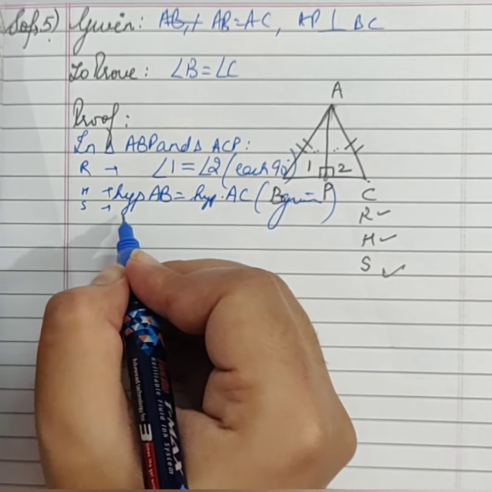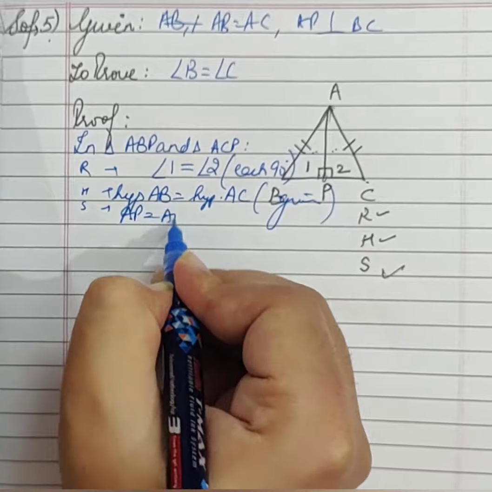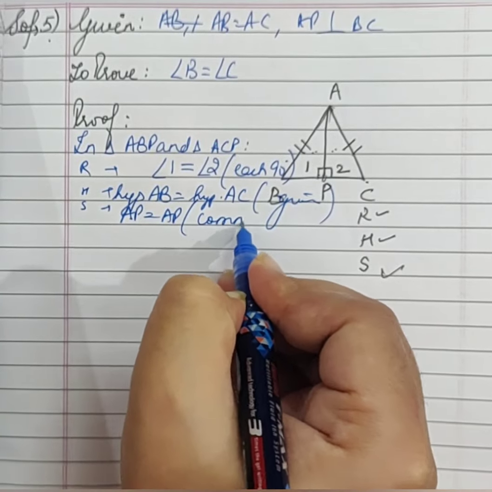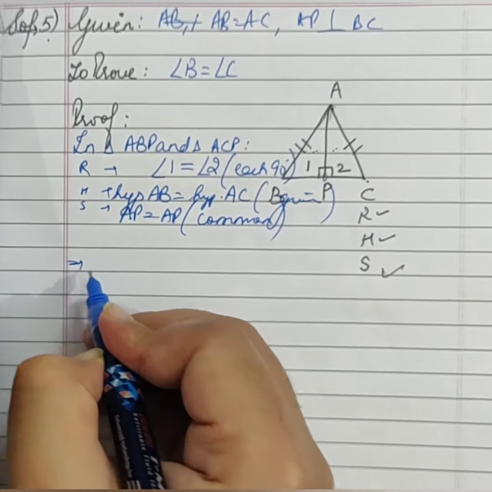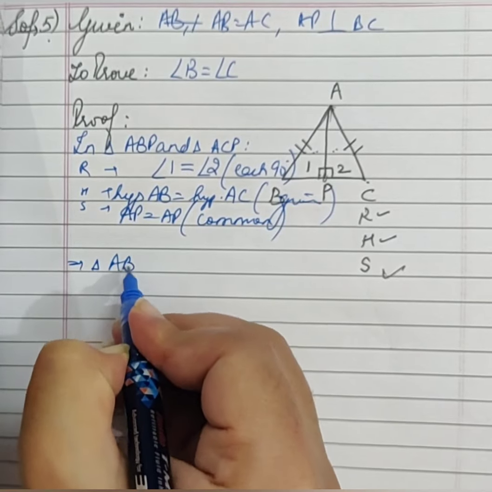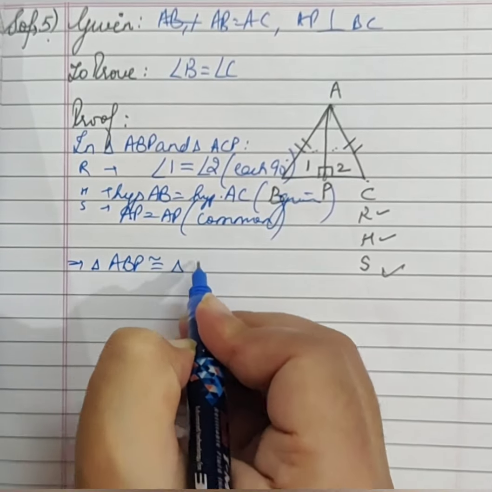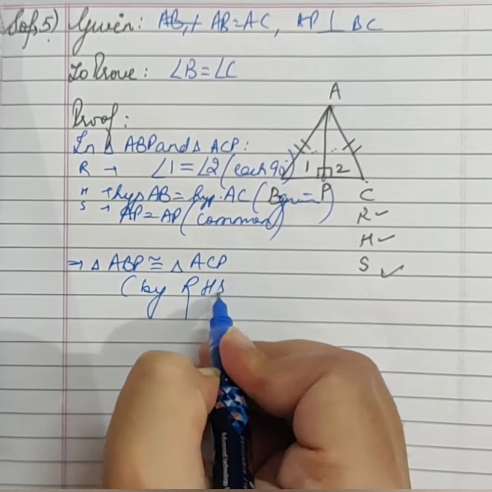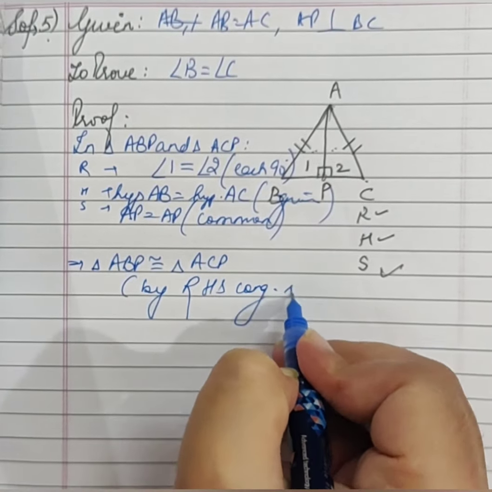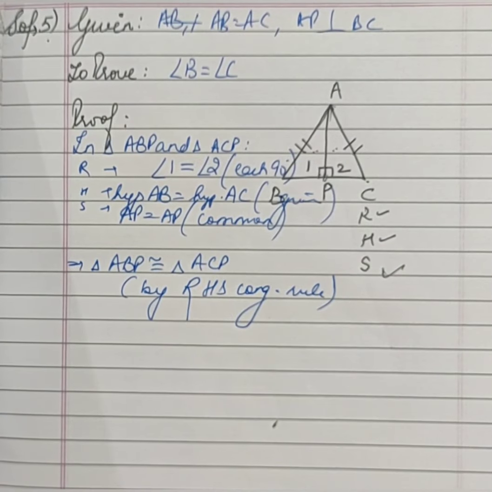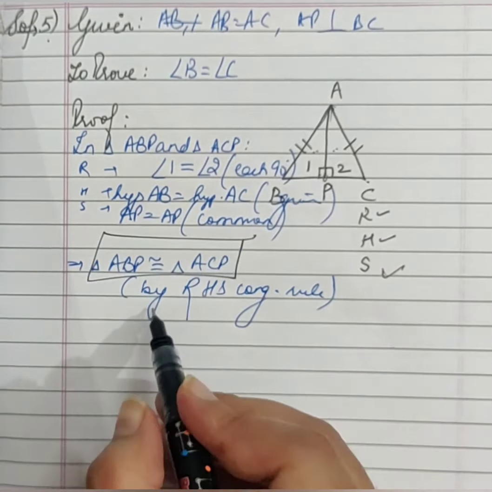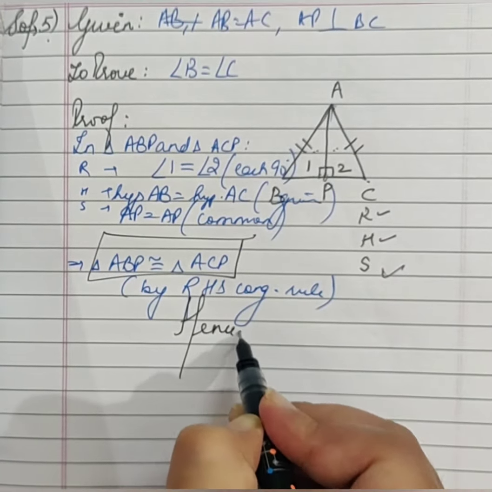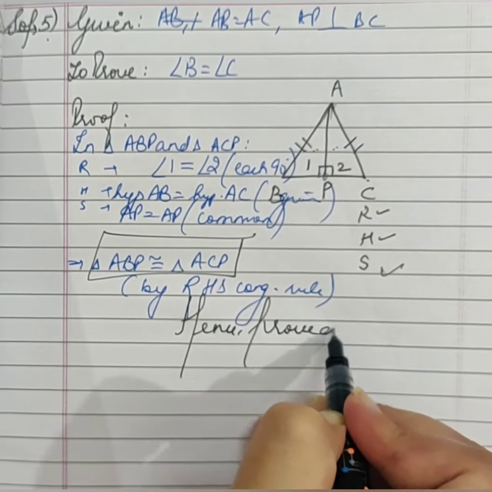Side condition. AP is equal to AP. It's common in both the triangles. It implies triangle ABP is congruent to triangle ACP by RHS congruence rule, hence proved. That's it.